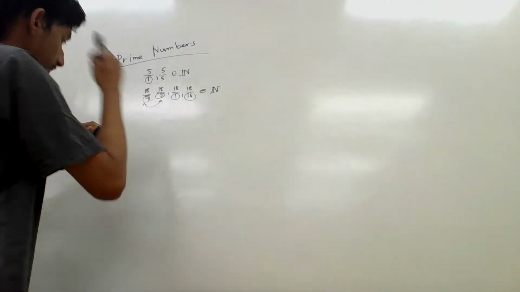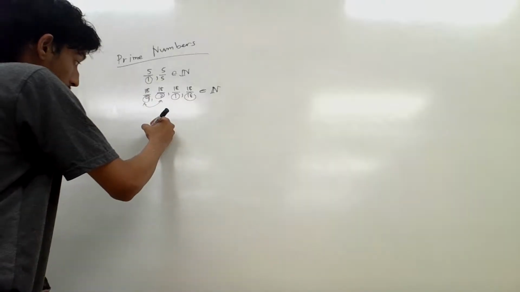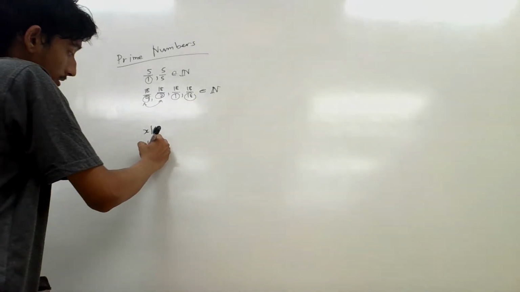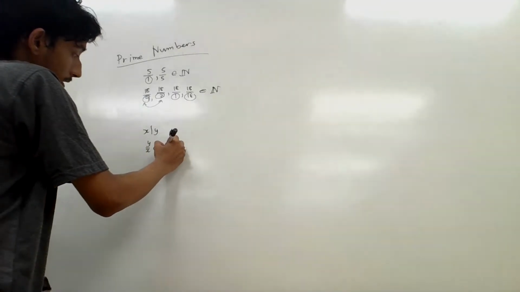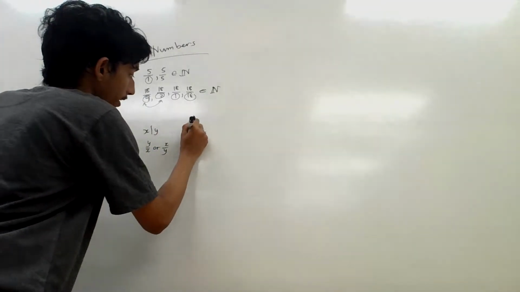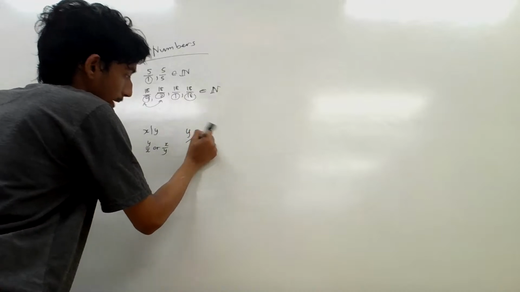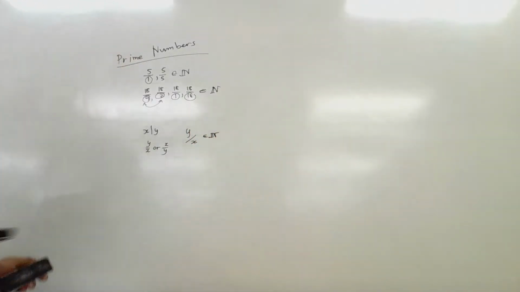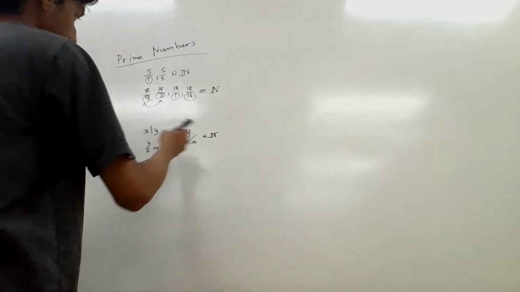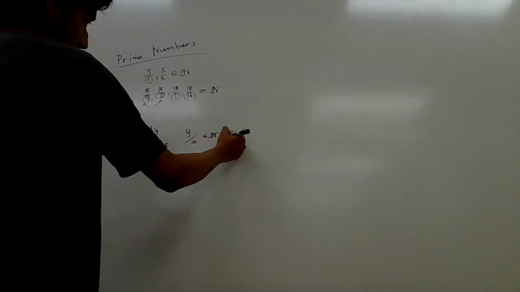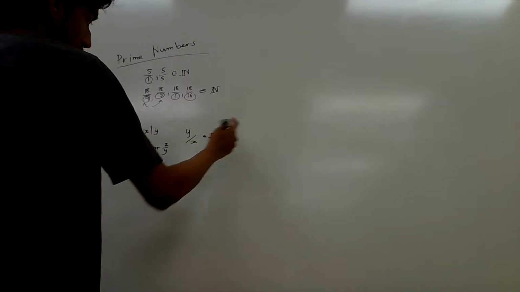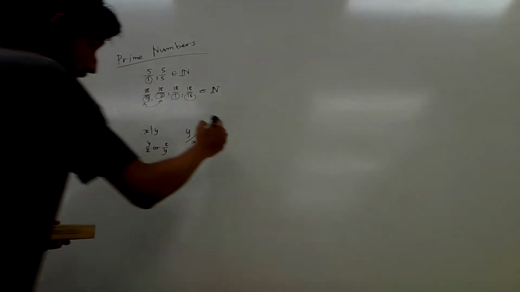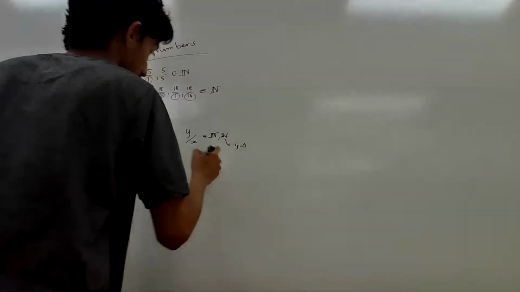But if you have an algebraic equation, for example, x divides y, this is not y by x or x by y. This means that whenever you divide y by x, the result will belong to the natural numbers. That's the definition. Or if y is 0, this can also belong to whole numbers, if and only if y equals 0.